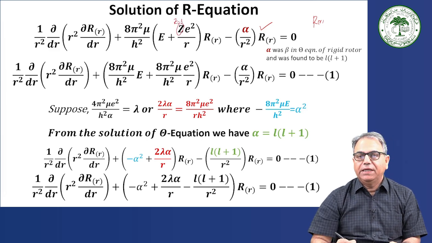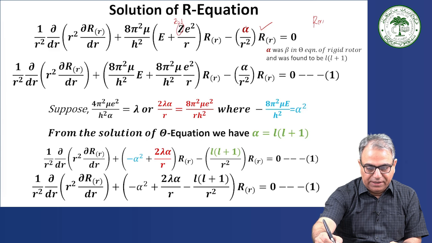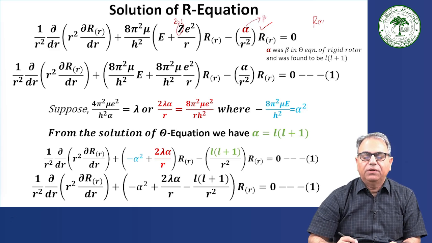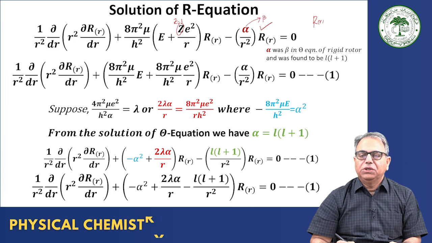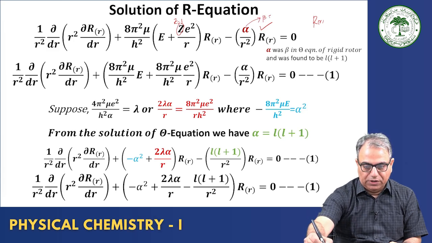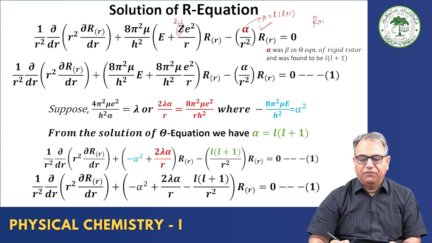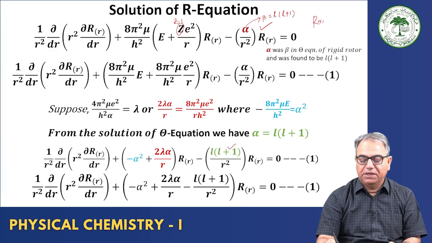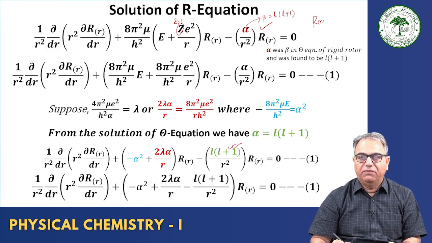Then this alpha, which is in red, was actually beta in the case of the rigid rotor, and this beta we found to be equal to L into L plus 1. So soon we will replace this alpha by L into L plus 1. Here I have replaced it with L into L plus 1 in equation number 1 at the bottom.